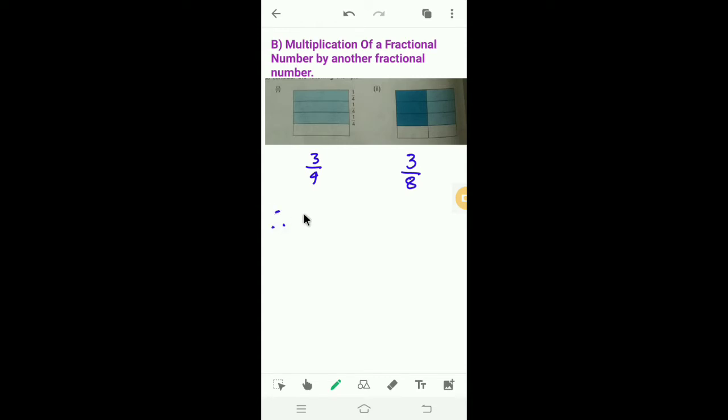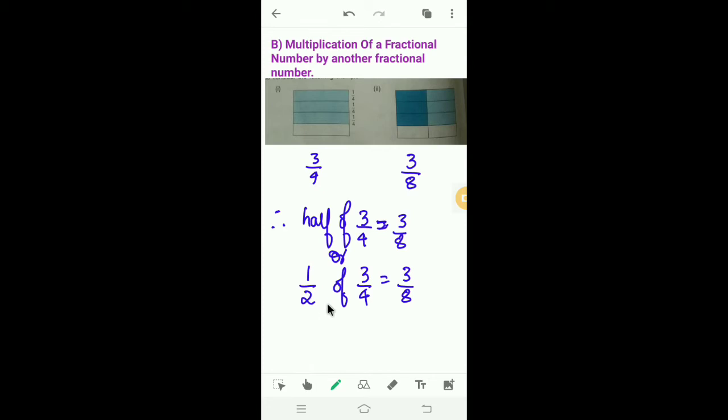Therefore, half of 3 by 4 is equal to 3 by 8.